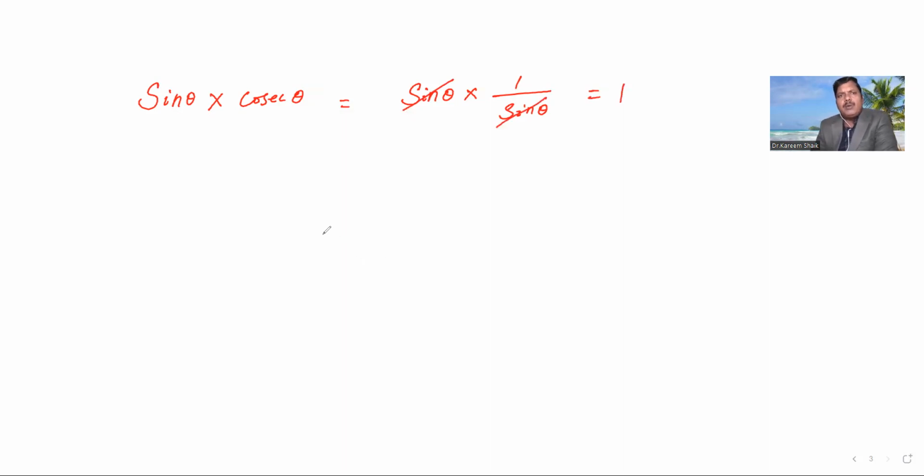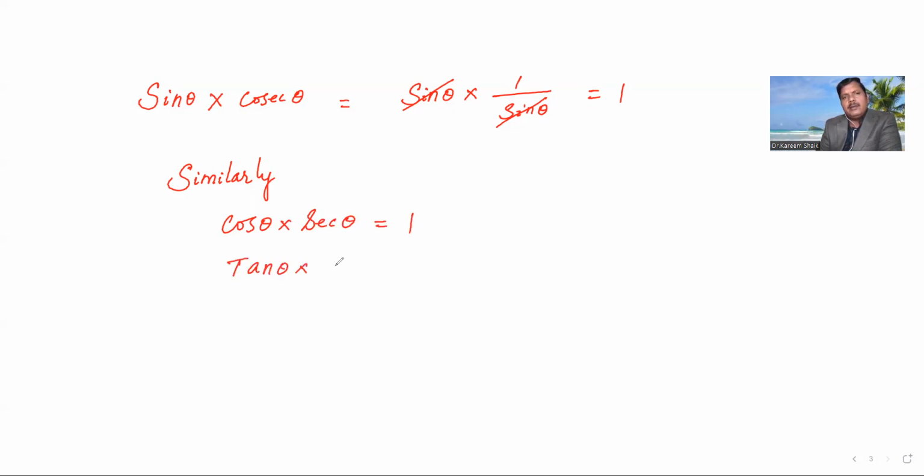That means we have to remember that the product of a trigonometric ratio and its reciprocal is always equal to 1. Similarly, cos theta into sec theta equals 1, and tan theta into cot theta is also equal to 1.